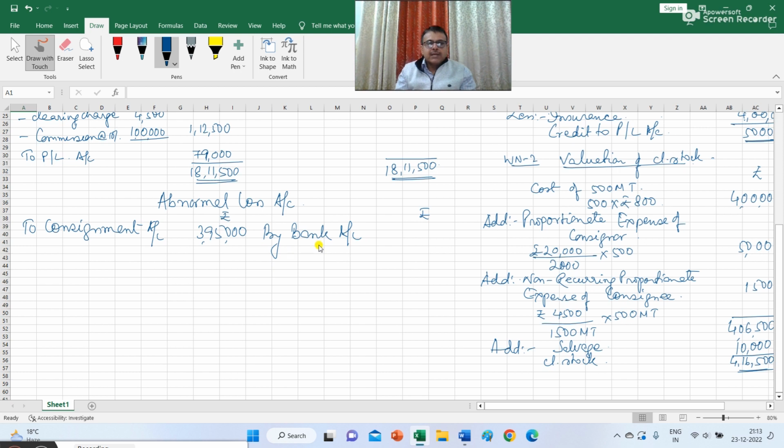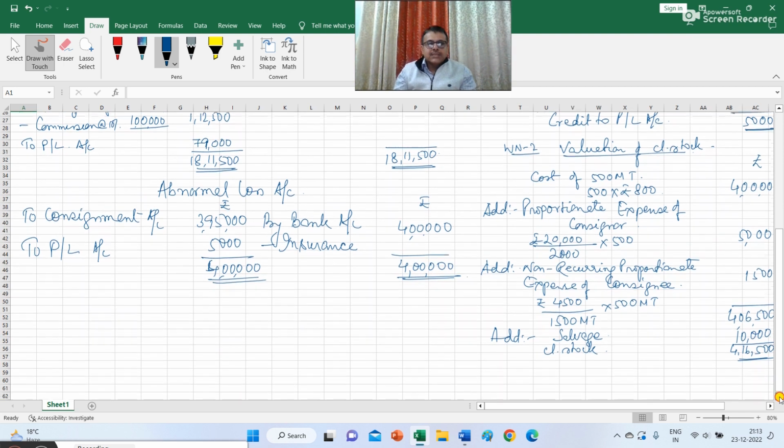So I have to write here by bank account. So it is bank account debit to abnormal loss, and this is for insurance claim for rupees 4 lakh. So abnormal loss account debit to profit and loss account for rupees 5,000. So 4 lakh is the sum total of debit and credit side.